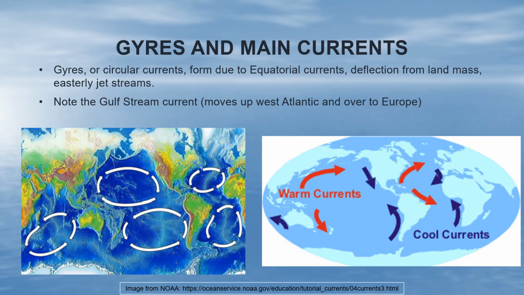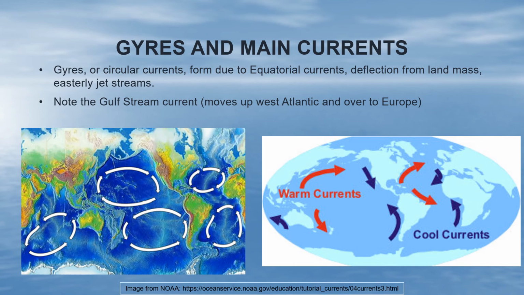And so those equatorial currents are going to go from east to west, and then when they hit a landmass, they're going to go up or down away from the equator. So that landmass is going to deflect that current away from the equator. If you're in the north, it's going to move north.